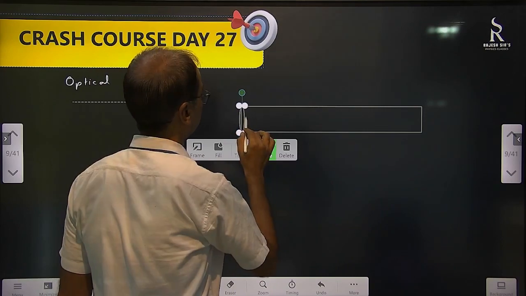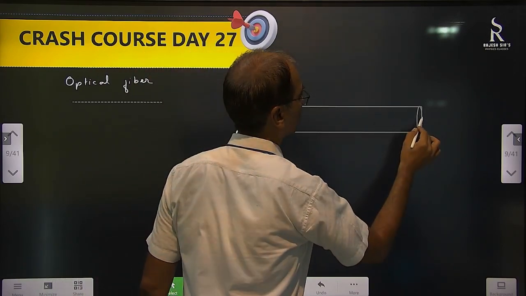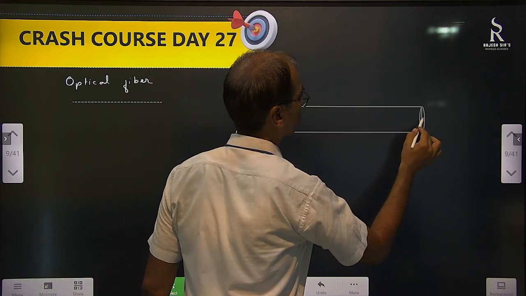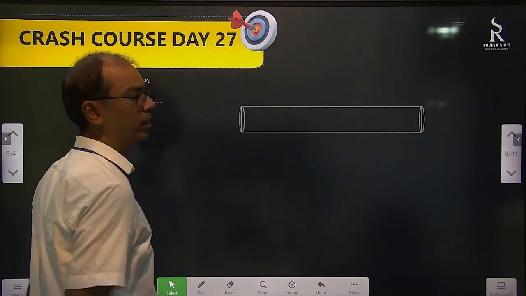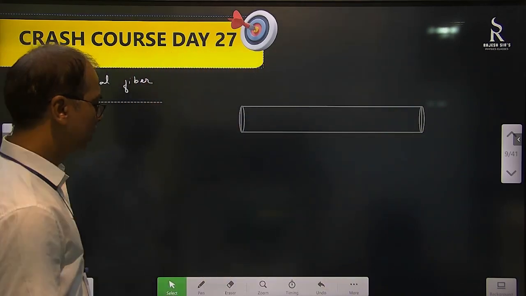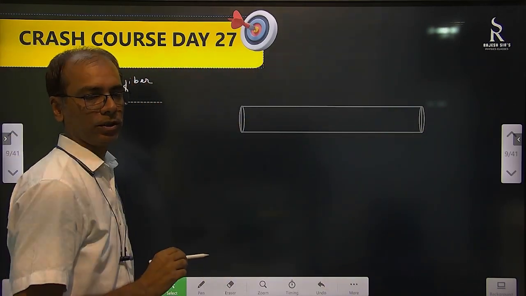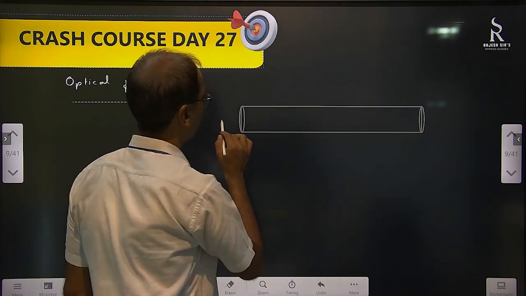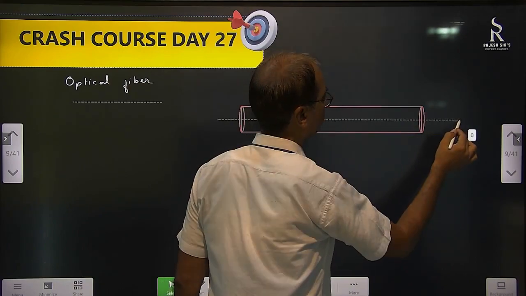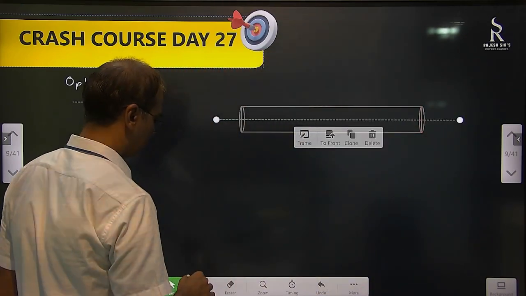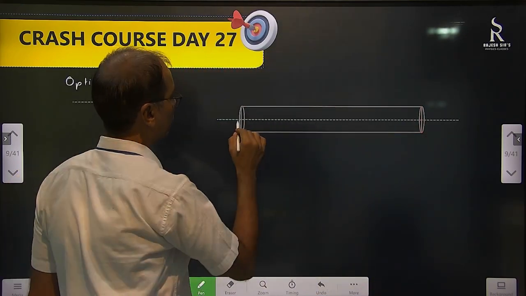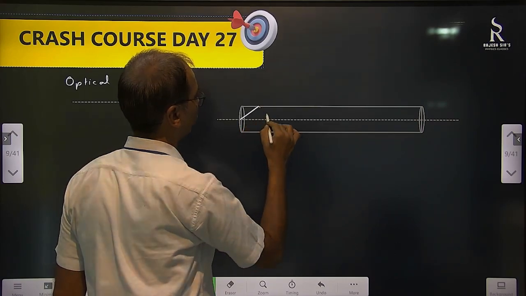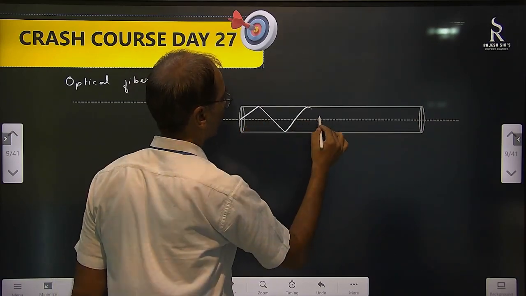So this is like a tube and within this the data will transfer with the help of total internal reflection. And it will move with the speed of light. So if the data is coming in this way, it will be reflected everywhere and it will be moving like this.